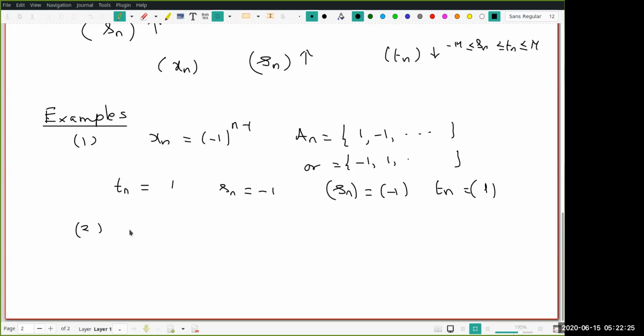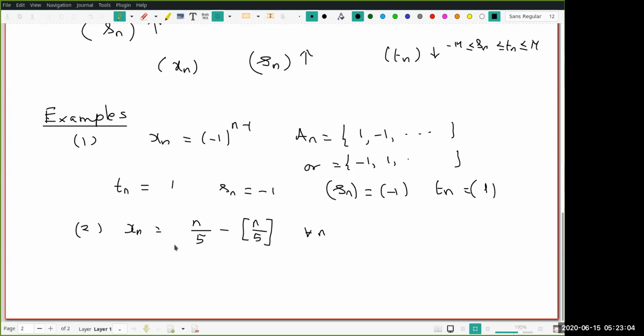Suppose I define x_n to be n/5 minus the integral part of n/5. So what do you want? You want to look at what the S_n's and T_n's are. This may be a little abstract example, but it's very easy.